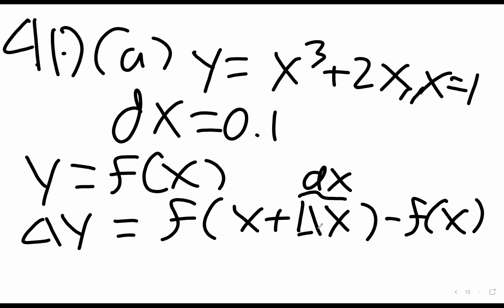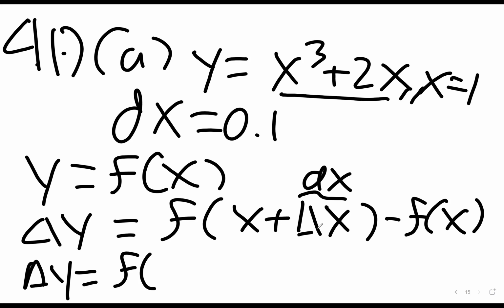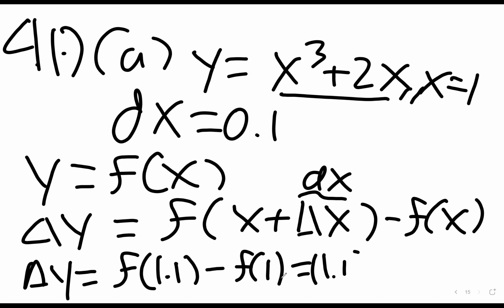And in this case, x is 1. So if f of x is x cubed plus 2x, then delta y is f evaluated at 1.1 minus f of 1. So it should be 1.1 cubed plus 2 times 1.1 minus, when x equals 1, I have 1 plus 2 minus 3, right? So that will be the result of delta y.